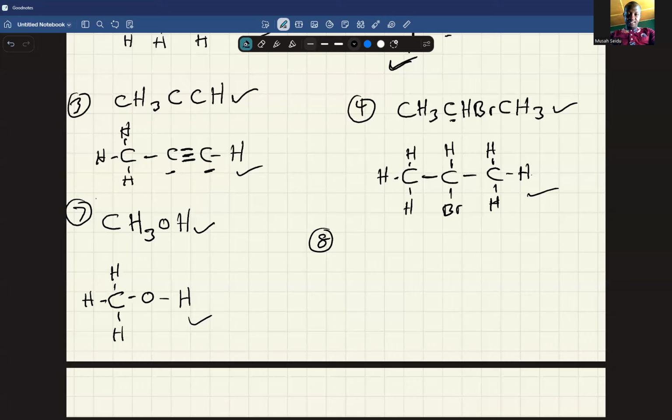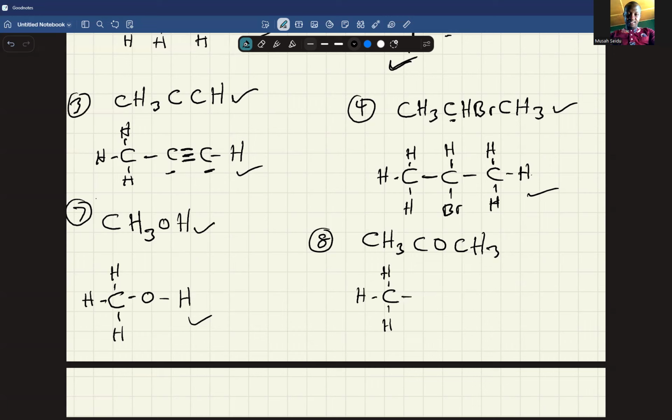If I have CH3 and then I have CO and then I have CH3. Now, the first C is bonded to 3 H, so I am doing it.